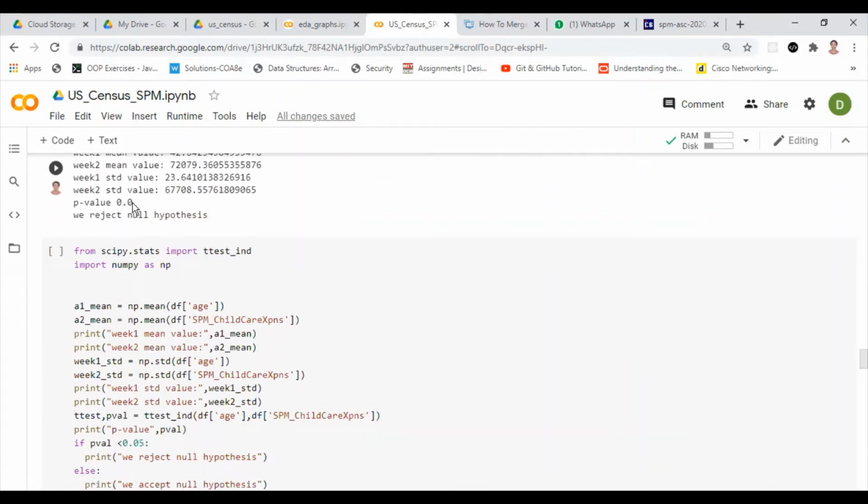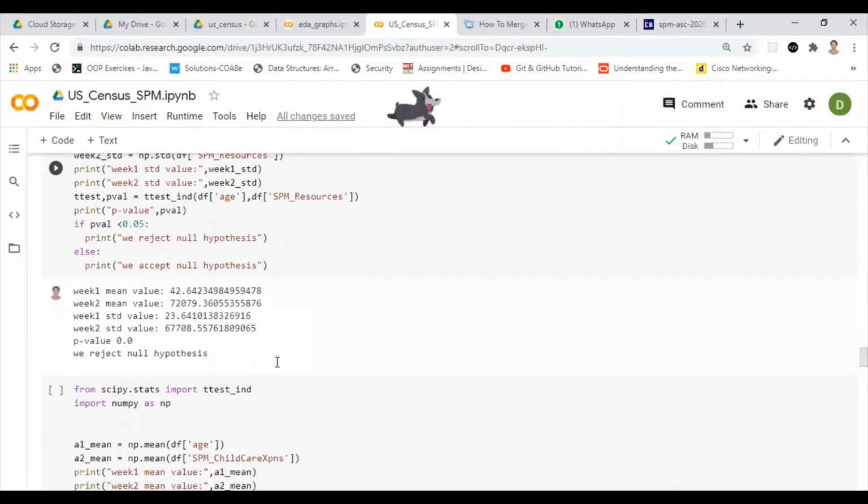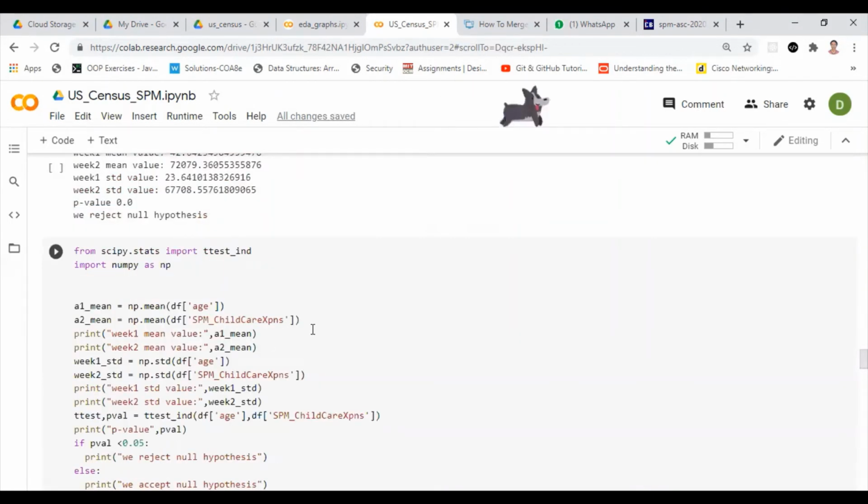Here it can be seen that the p-value is less than the alpha value or level of significance, which probably means that there is a correlation between the two variables. Again, same with respect to age and childcare expenses.